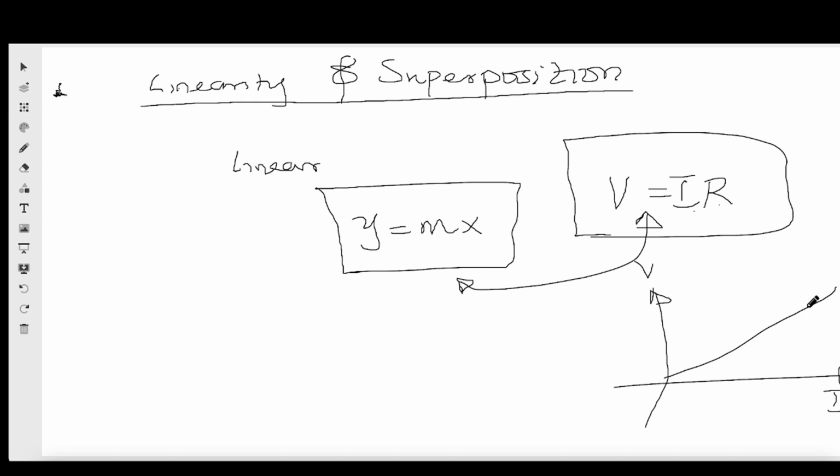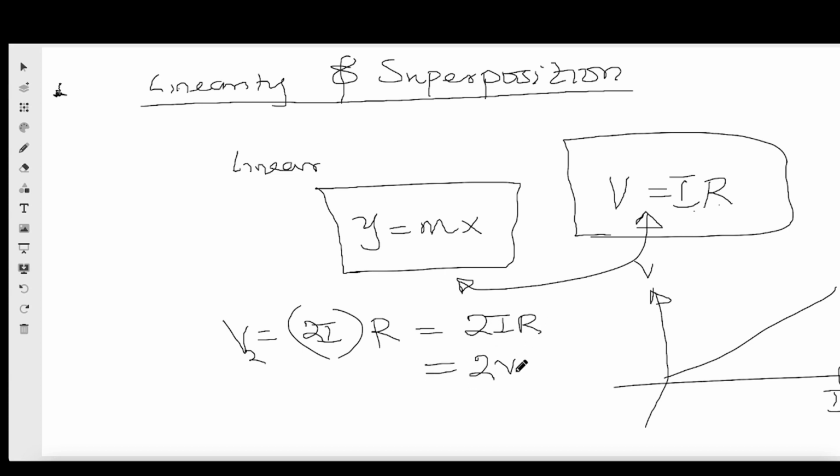So if I multiply the current by 2, the voltage will also be multiplied by 2, because this will now be 2i multiplied by R. So the new v will now be 2iR, which is the same thing as 2v, which means I have multiplied v by 2 also. Do you understand? So the multiplication of the current through the element by a constant results in the multiplication of the voltage across the element by the same constant.